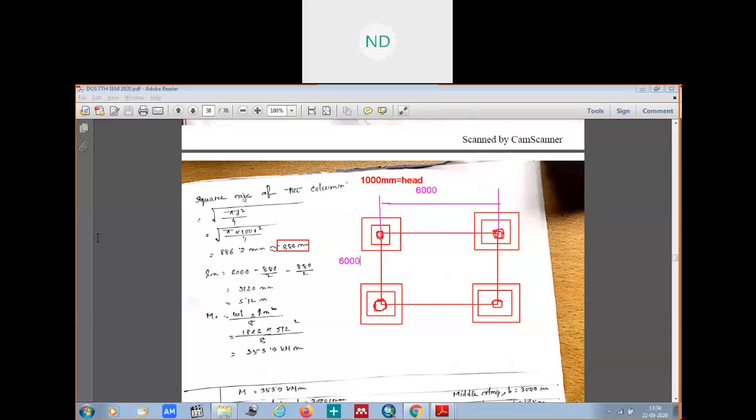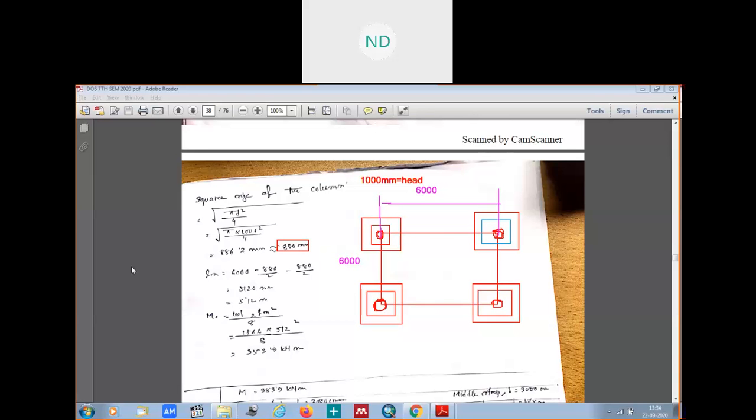So this is 6,000 by 6,000, and this was your column head, the square size of the column head, which we got to be 880.